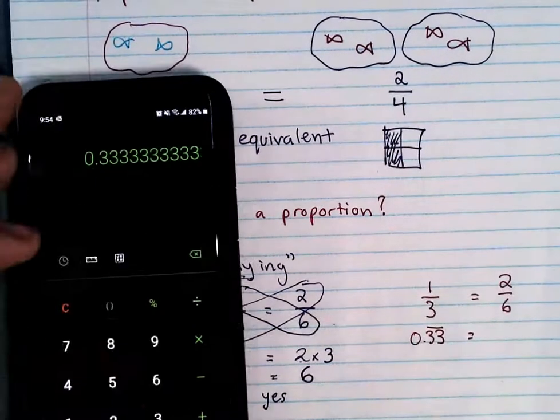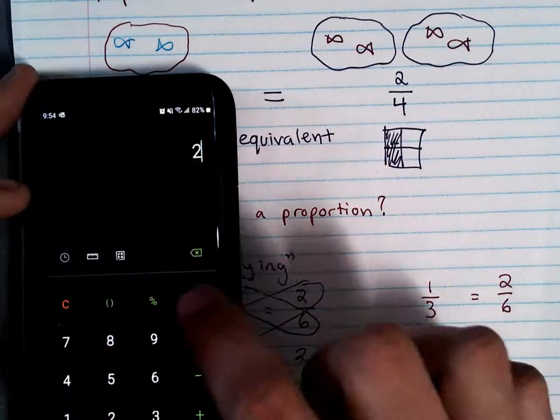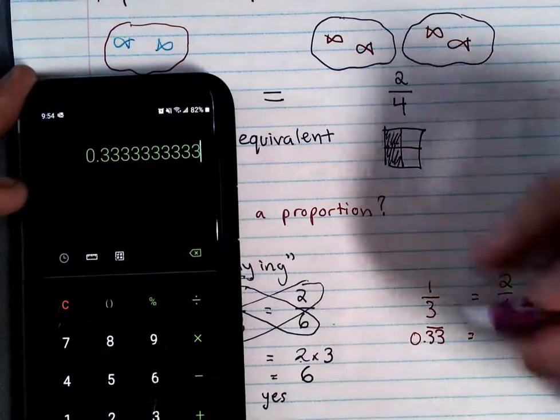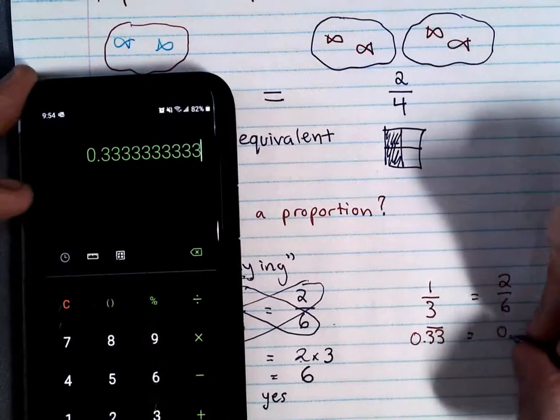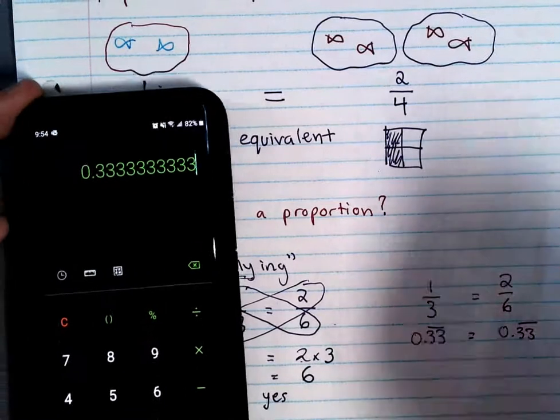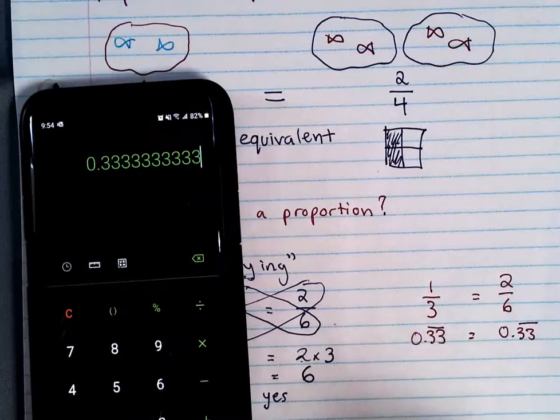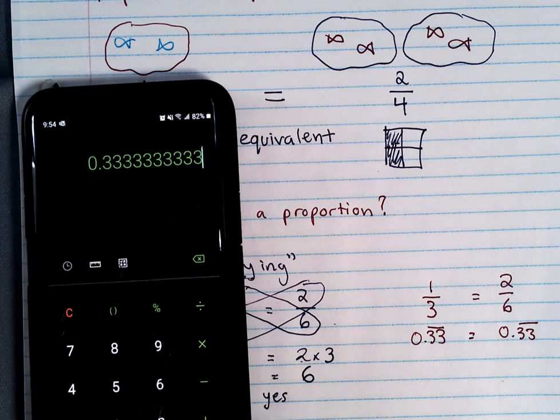And 2 divided by 6 is also equal to 0.33 repeating. So that's another way that we can solve it. Just keep those two things in mind. They are different. If you're using one, stick to that one, and if you're using the other, stick to the other.